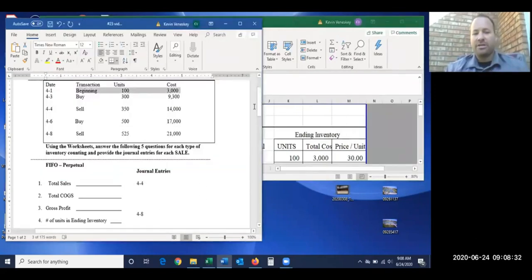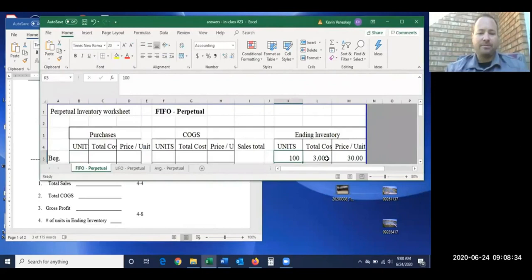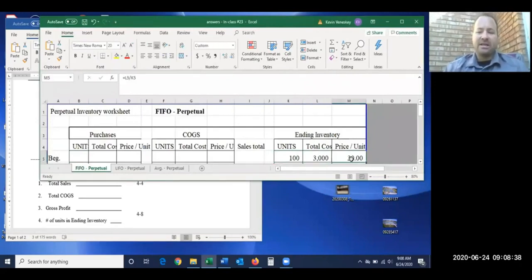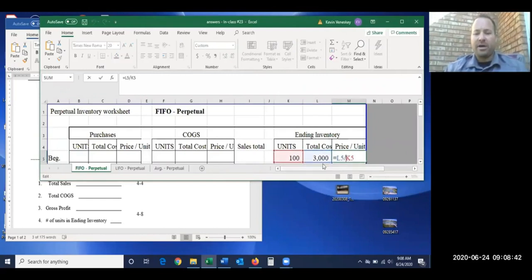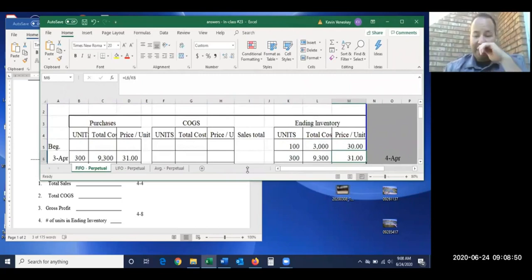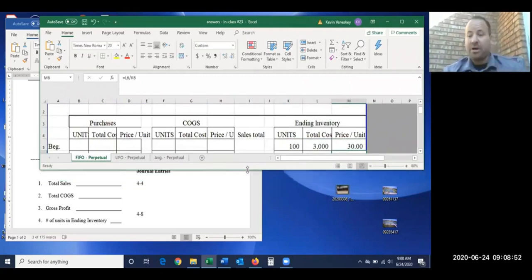So we had 100 units and they cost me $3,000. Just simply put those numbers in, and then I just did an easy Excel formula that took, okay, what is the average price per unit? So taking the 3,000 divided by 100 units, and we get that each item costs 30 bucks a piece.